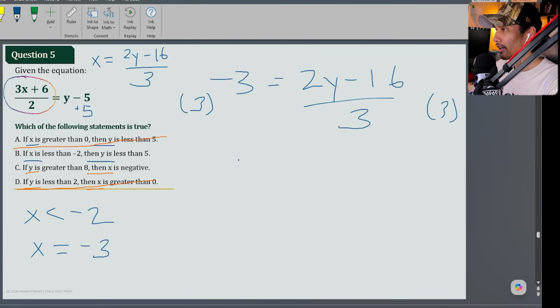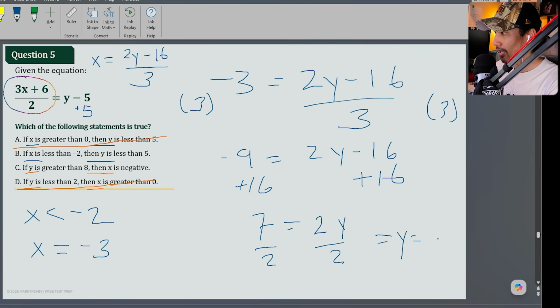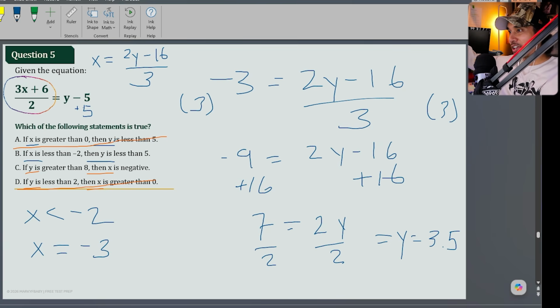Multiply by 3, and this is going to give me negative 9 equals 2y minus 16, plus 16 on both sides. That's going to give me 7 equals 2y. Divide by 2. That's going to give me y is equal to 3.5. And is 3.5 less than 5? Well, yes, that is correct. So B is the correct answer.